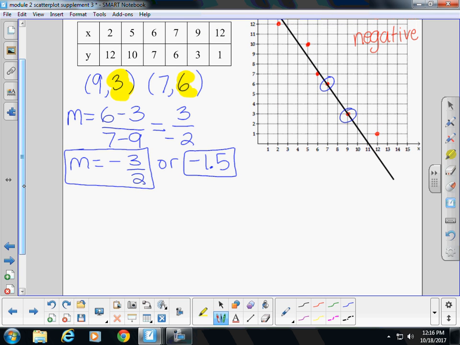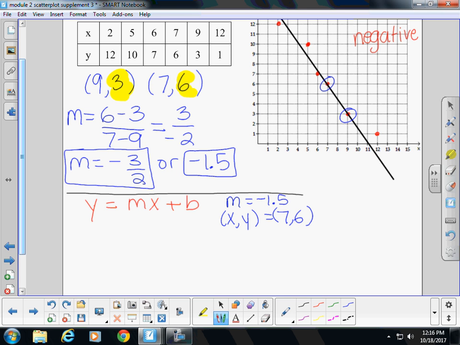Okay, so now I've got to find my b, which means I'm going to use my equation y equals mx plus b. Okay, so for my m, I'll go ahead and use the decimal, negative 1.5. And for my point, my x and my y, I'm going to choose the 7, 6. Remember, that's choice. Use either point. So for y, I'm plugging in 6. For m, I'm plugging in negative 1.5.